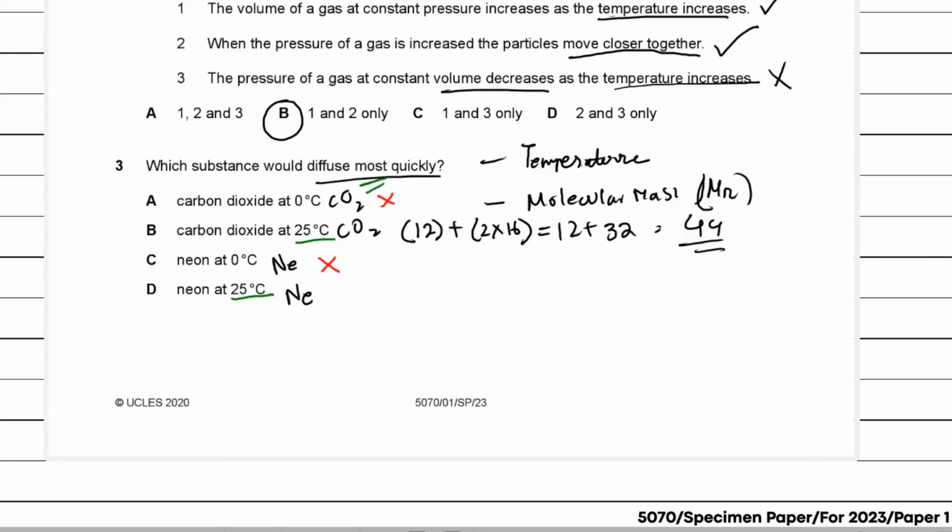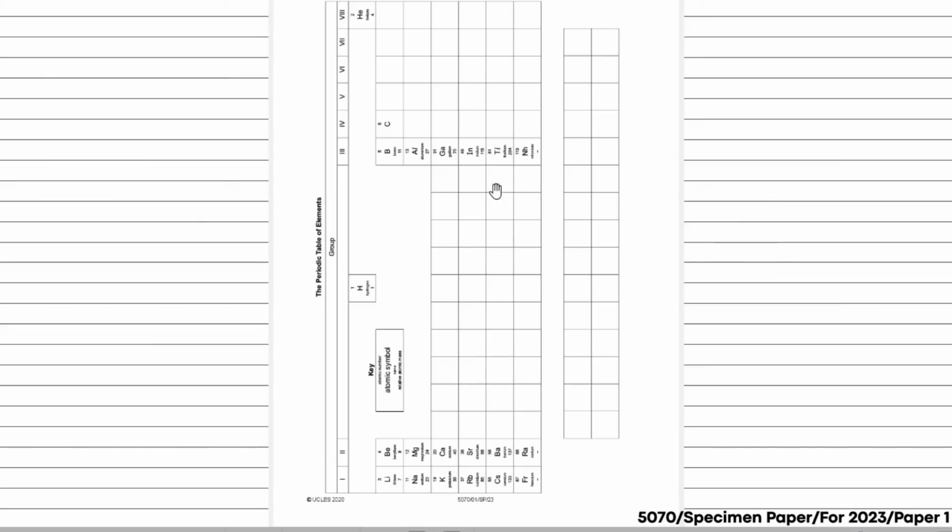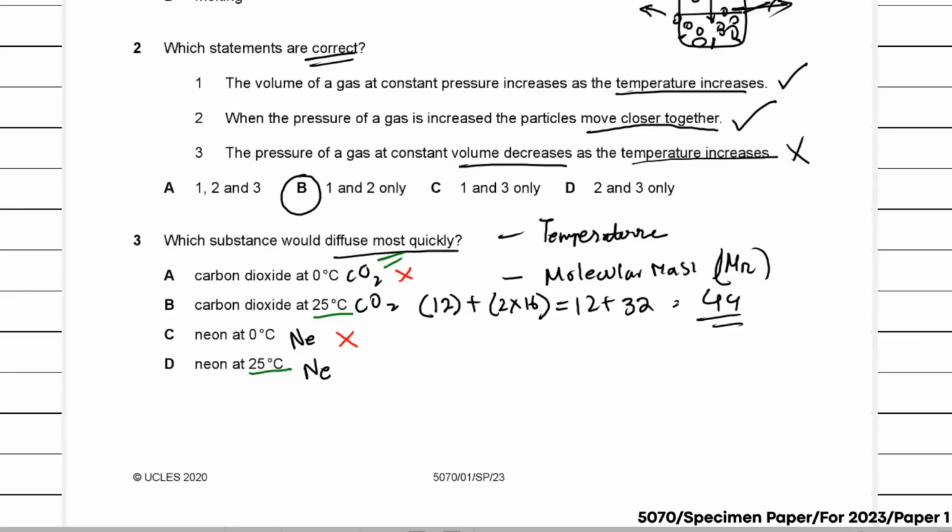For neon, we have to go directly to the periodic table provided to us by Cambridge. If you take a look in the periodic table, neon has a mass of 20, or the Ar of neon is 20. So neon has a smaller molecular mass. The less heavy a substance is, the more readily it is going to diffuse. So the answer is going to be D.